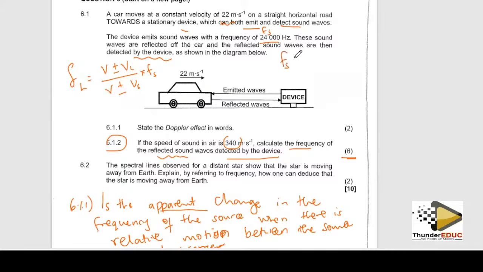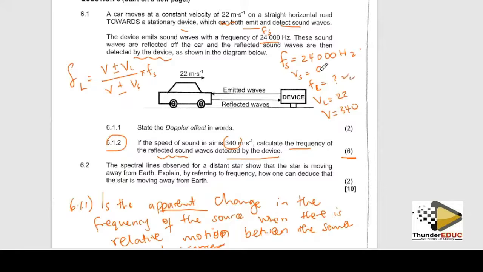So we know that the frequency of the source is 24,000 hertz. Then the velocity of the source is 0. Frequency of the listener, we don't know as yet. Then we need to find the velocity of the listener. We said it's 22 meters per second. And then our V is 340.